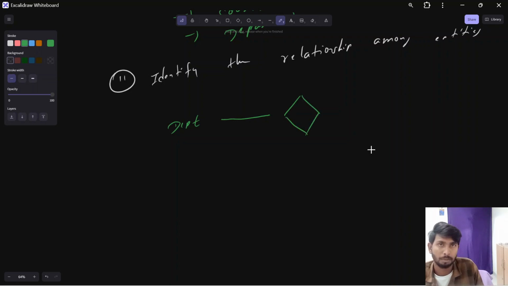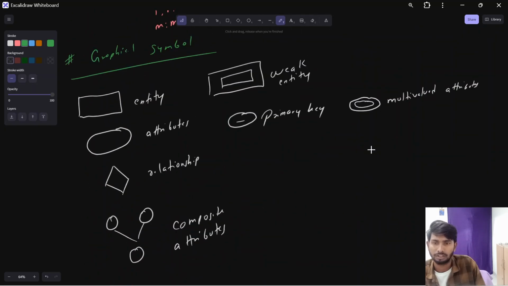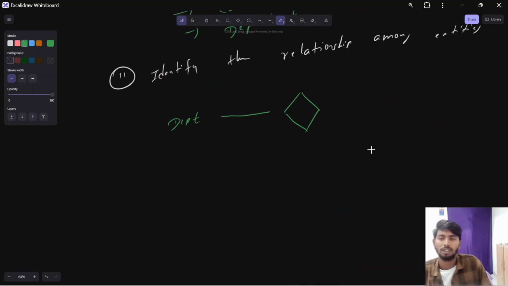This is the symbol of relationship. Here we learn, now, this is relationship. So department has a relationship, we can say "has" here. Relationship with whom?